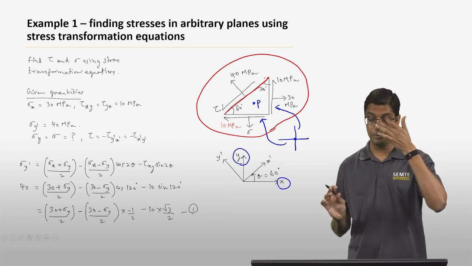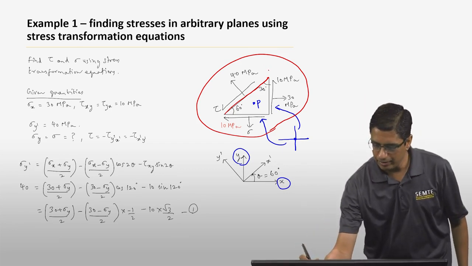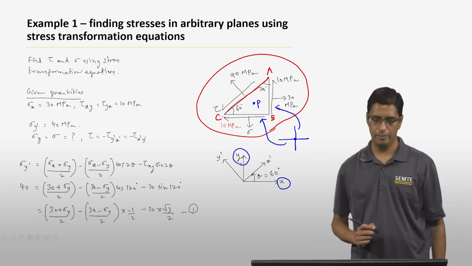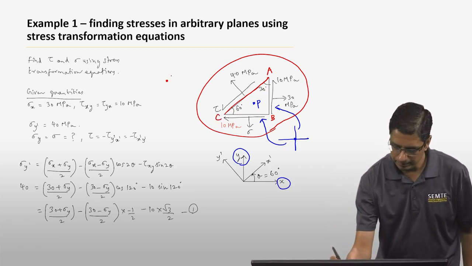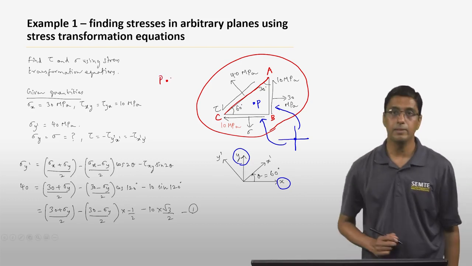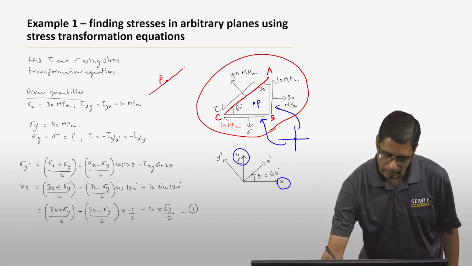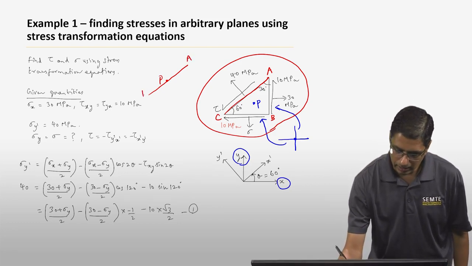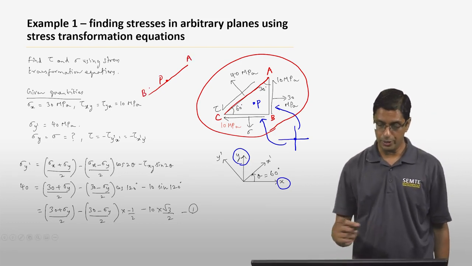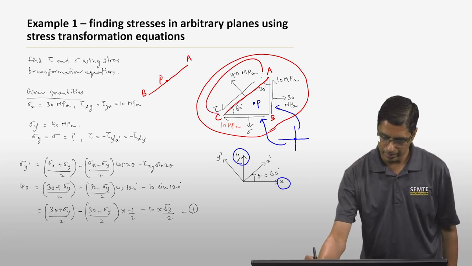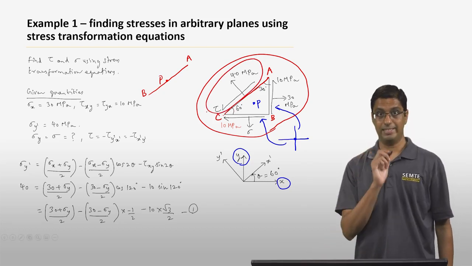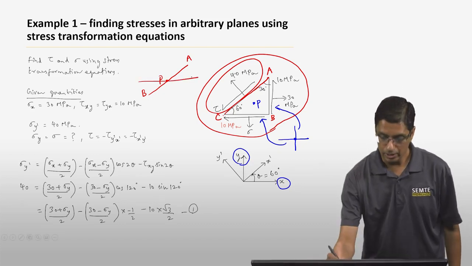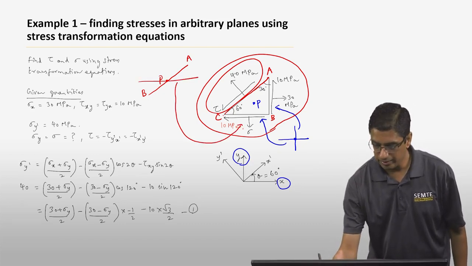What I want to emphasize is that if you think of this as A, B, and C, we have this point P. On the plane that passes through point P, which is AB, you have these stresses. At the exact same point, a plane that goes like that, you have these stresses.